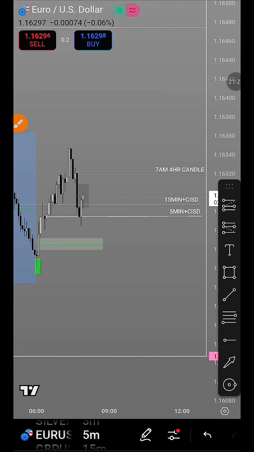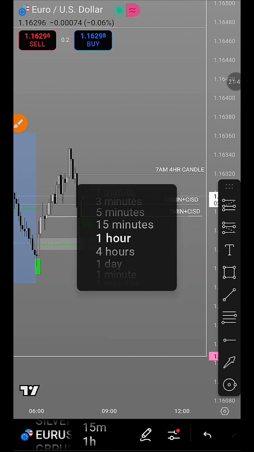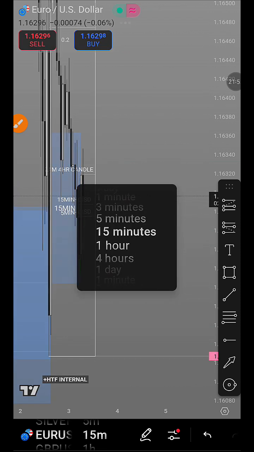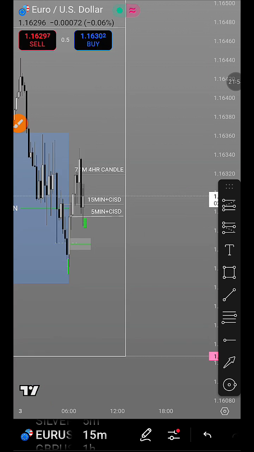Because it didn't have a swing point yet. There was no continuation swing whatsoever yet. So price didn't retrace yet. On the 15-minute, let me show you. Look, we got the 15-minute change in state, right?